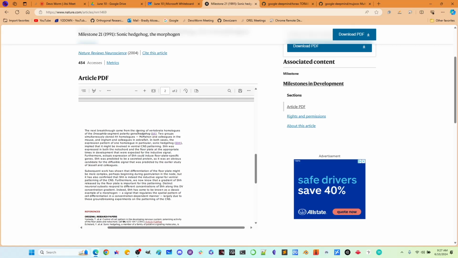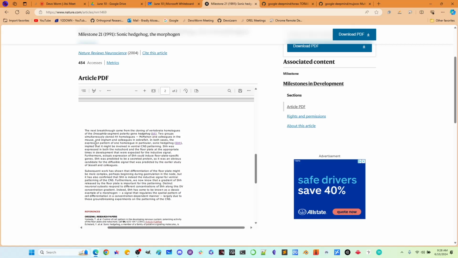Two groups simultaneously cloned these homologs, McMahon and colleagues in the mouse, and Ingham and colleagues in zebrafish.